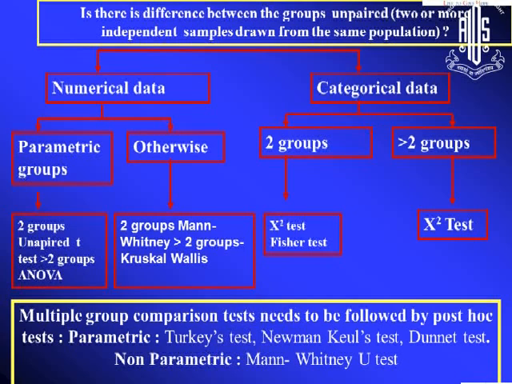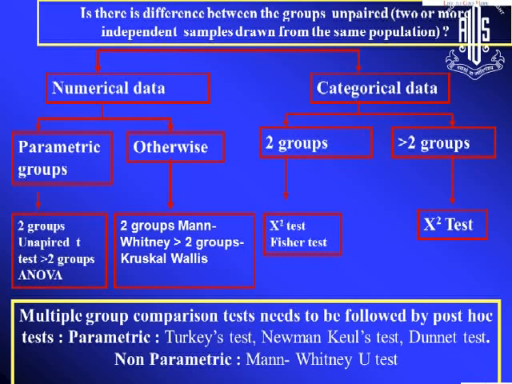If the data is non-parametric... Sir, can you explain the term parametric, please? Parametric means the data set follows the Gaussian curve, the bell curve. Because if it follows the bell curve, there are certain specific characteristics of that curve. That is parametric. Otherwise, if it is non-parametric, for two groups the Mann-Whitney test, for more than two groups the Kruskal-Wallis test.